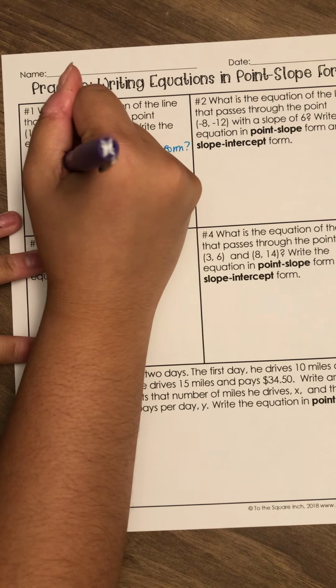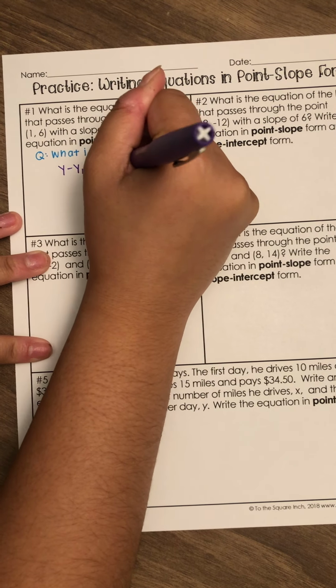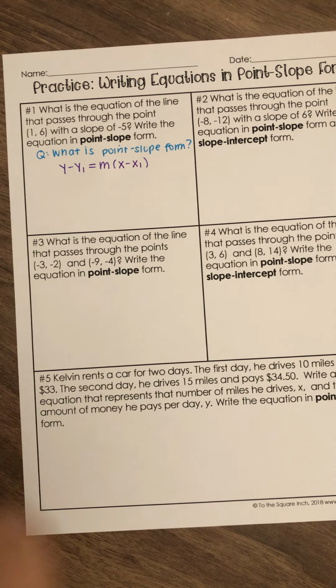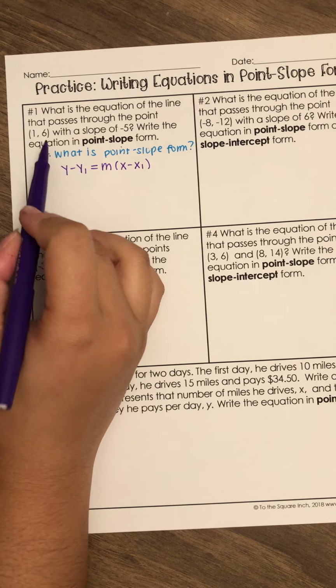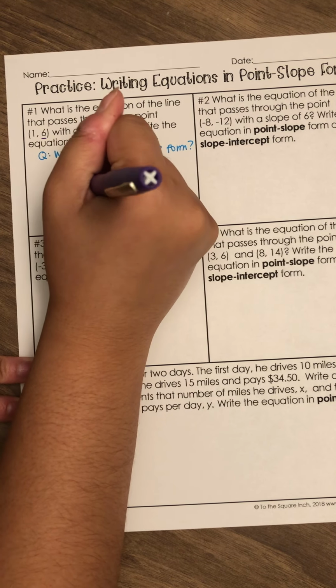Point slope form is y minus y1 equals m times x minus x1. My y1, again, is my y coordinate, so y minus 6.